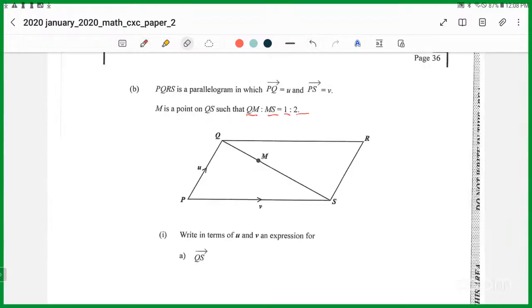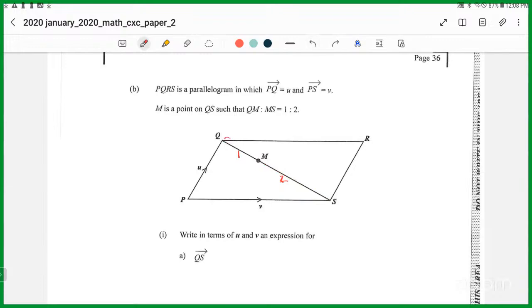See, this 1 to 2 is 3 parts total. So QM is 1 part, and MS is 2 parts. The total parts on this full line is 3.